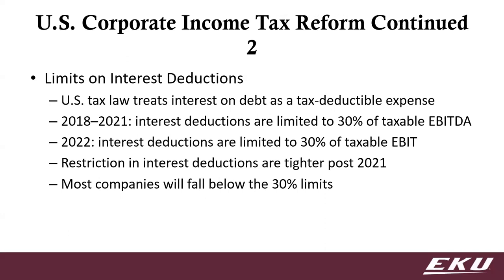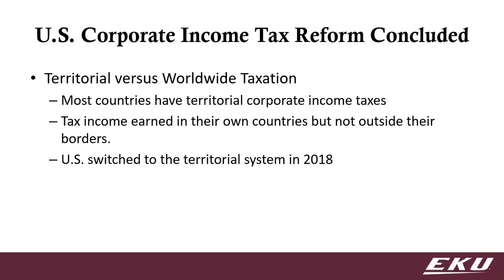So they just tightened up some of those issues. And then we switched to the territorial system on taxation. So we used to tax all income, but now we've changed it to the territorial system. So we don't tax Google on the money they make in Australia. Australia taxes them on that.